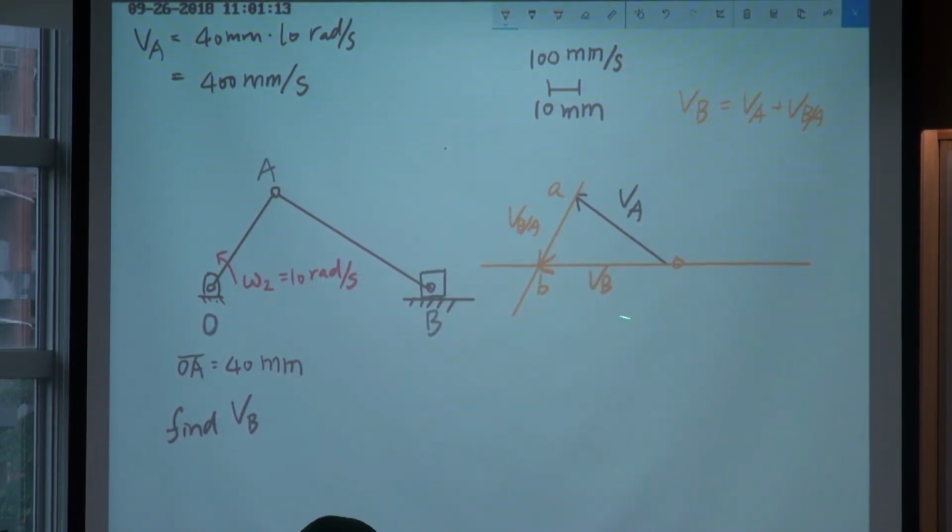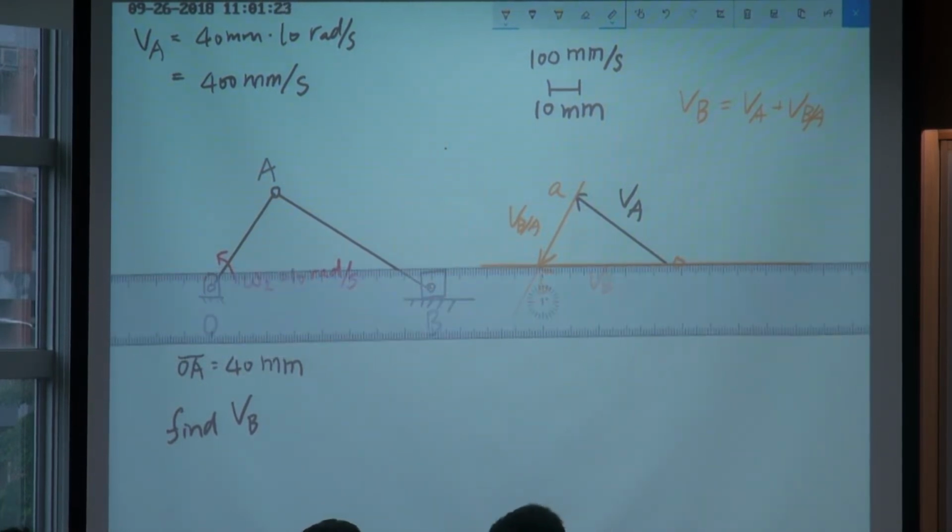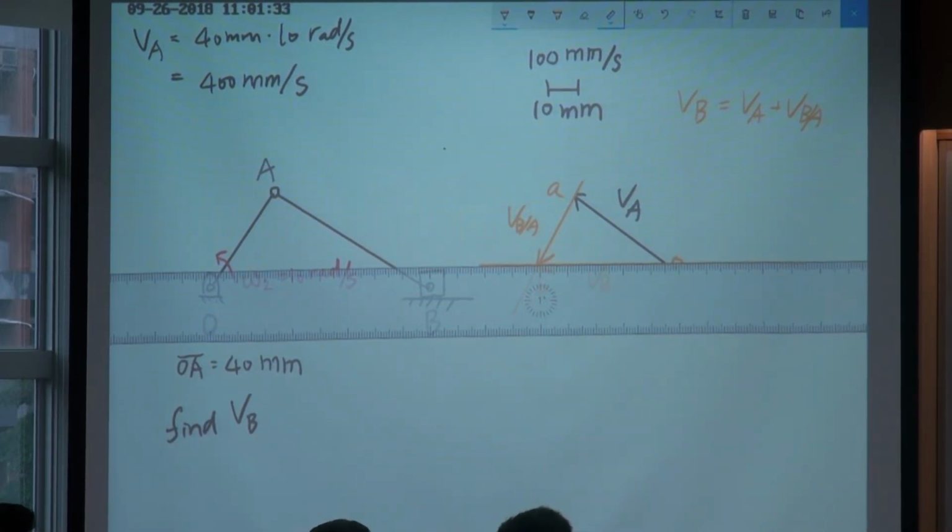Now if we want to get the value of VB, we simply use this ruler to measure it. Let me measure it. How large is it? 1, 2, 3, 4, around 45 millimeter.